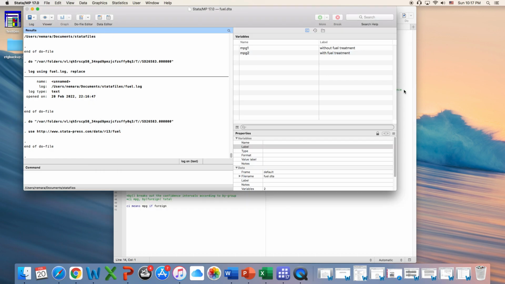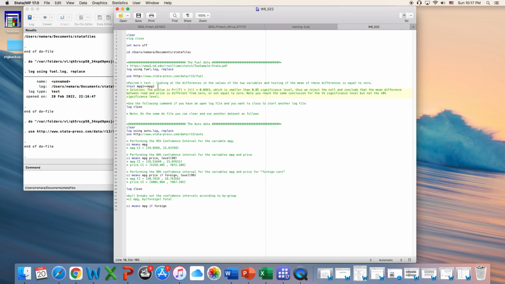Let's say you're interested in testing whether there is no difference between treatment and no treatment. Basically you want to perform a paired t-test to look at the difference in the values of two variables and test whether the mean of these differences is equal to 0. Whether they are equal to each other, or you can say the difference between the two variables is equal to 0, it's the same thing.